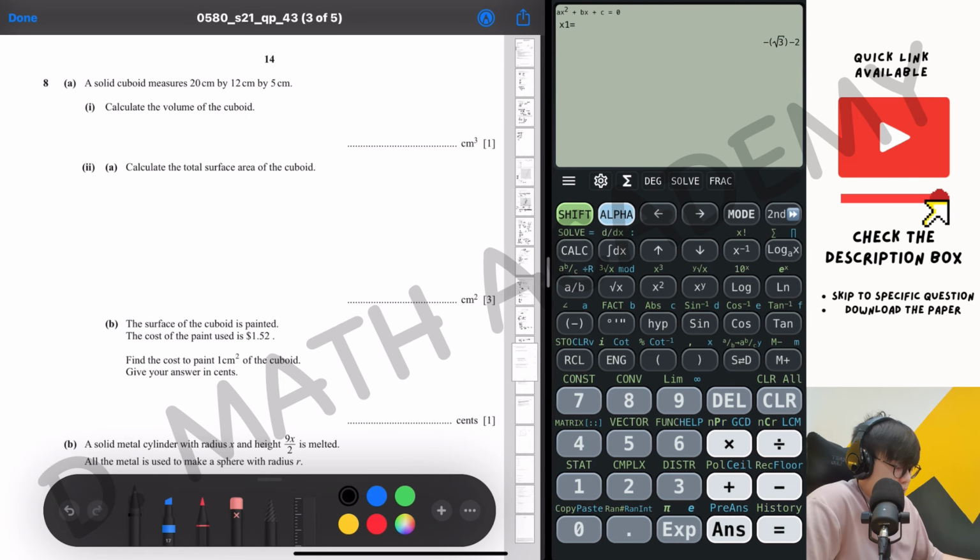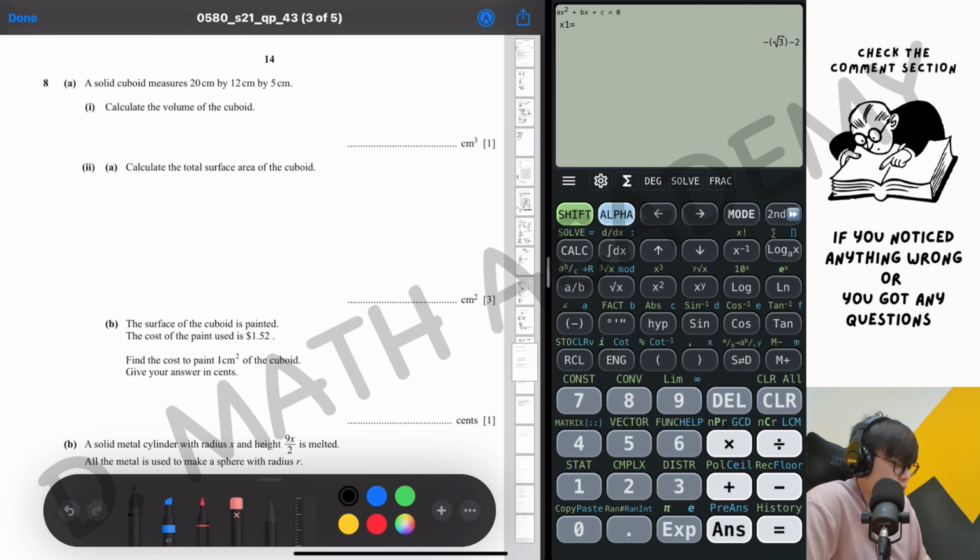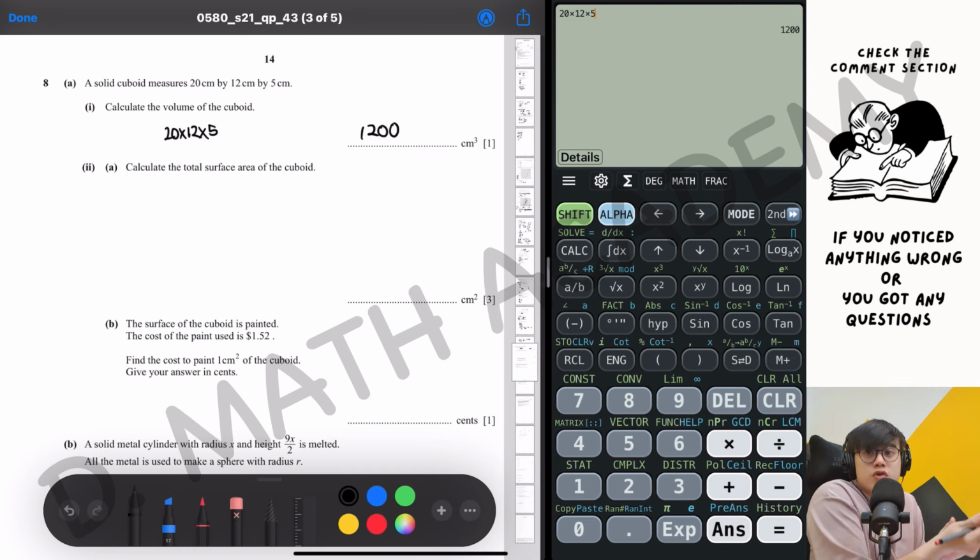Question 8 is regarding your volume now. A solid cuboid measured by 20 times 12 times 5. So it's actually 1,200 centimeters cubed. Find the surface area of the cuboid. This time around, they purposely test you on this because no reference or graph was given to you.